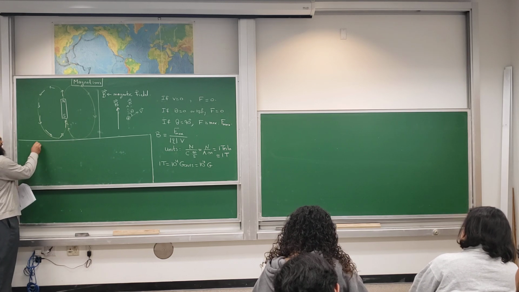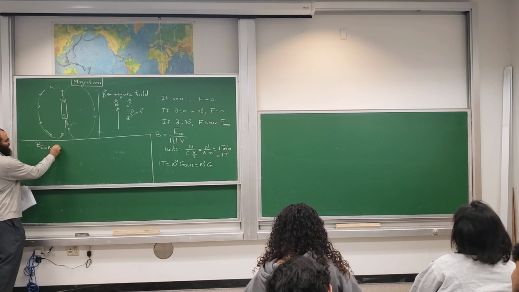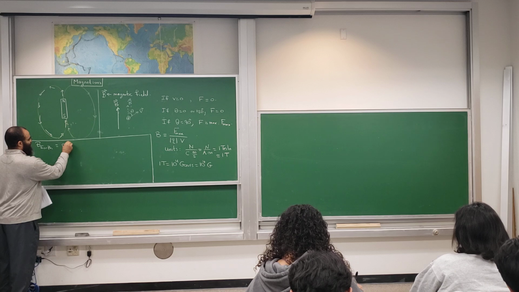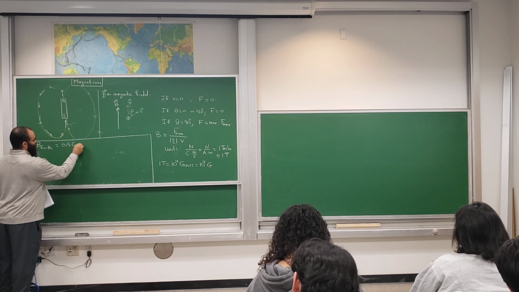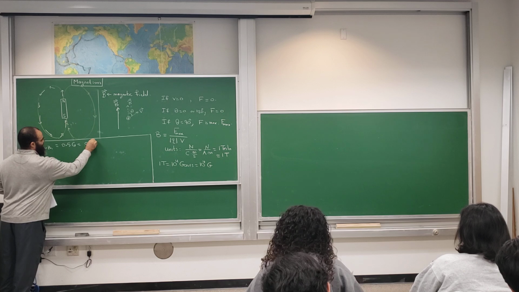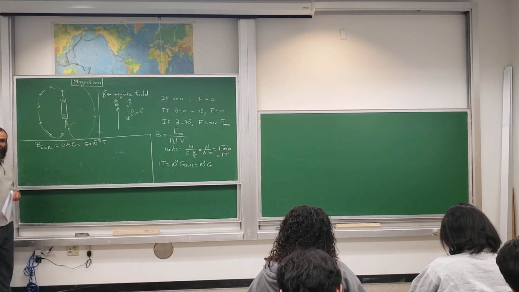For example, the Earth's field, B Earth, is approximately 0.5 Gauss, or 5 times 10 to the minus 5 Tesla. It's not that big.